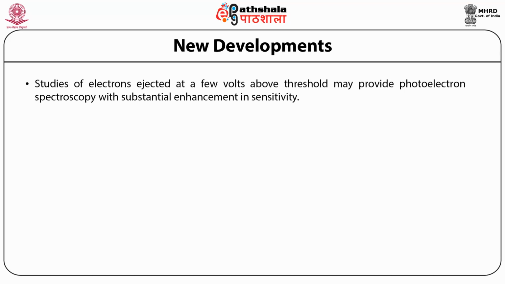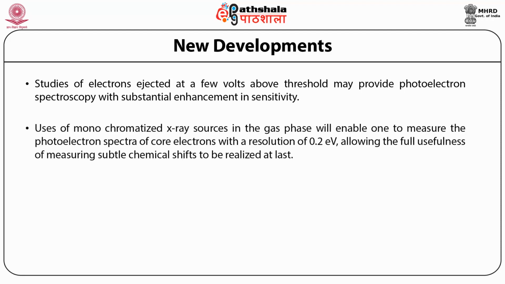Study of electrons ejected at a few volts above threshold may provide photoelectron spectroscopy with substantial enhancement in sensitivity. Use of monochromatized X-ray sources in the gas phase will enable one to measure the photoelectron spectra of core electrons with a resolution of 0.2 electron volts, allowing the full usefulness of measuring suitable chemical shifts to be realized at last.